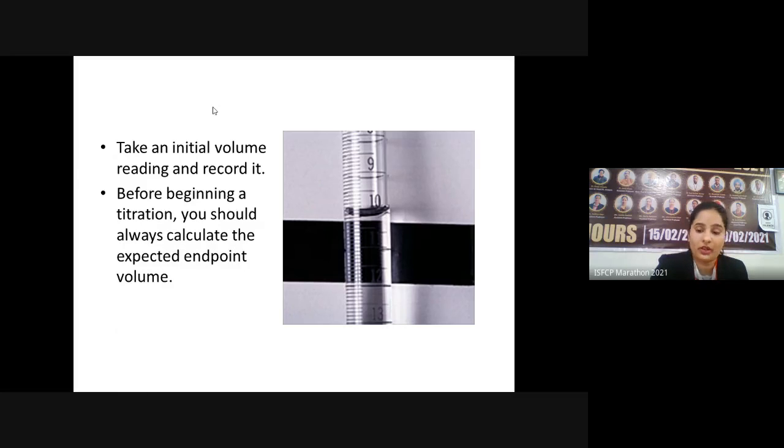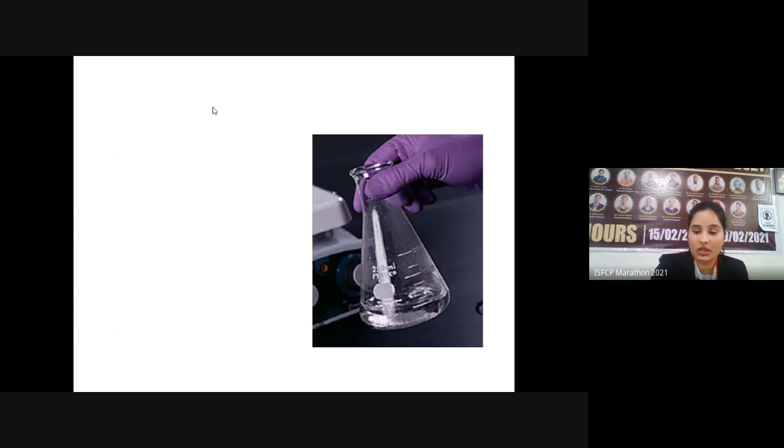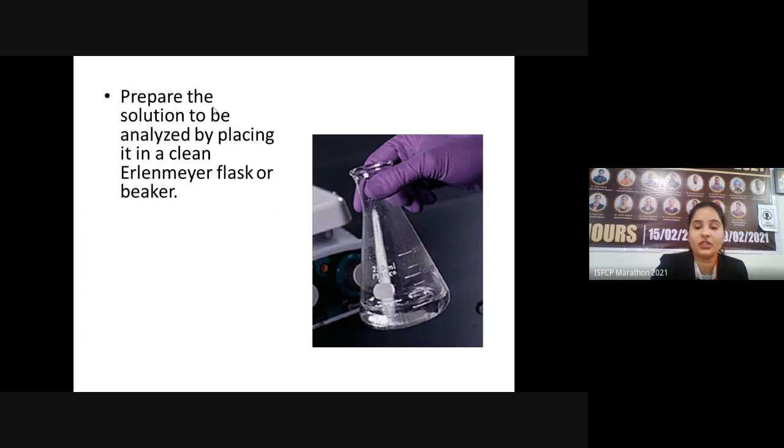Before starting the titration, first of all we should note down the initial volume reading. After the preparation of the solution whose concentration is to be known, indicator must be added into the flask.